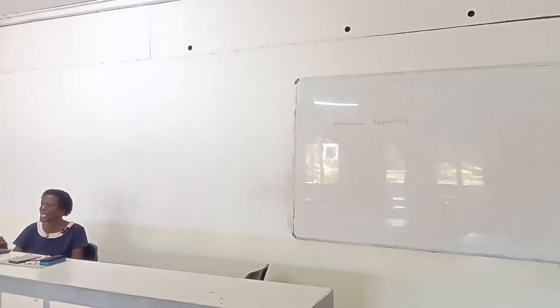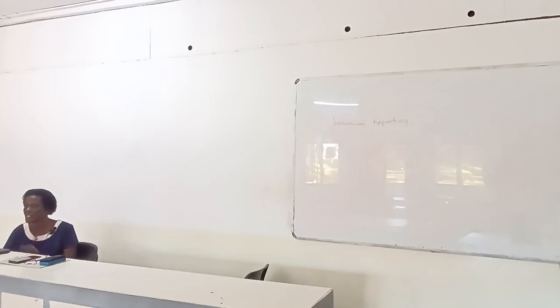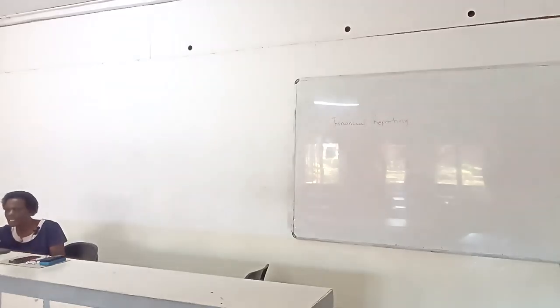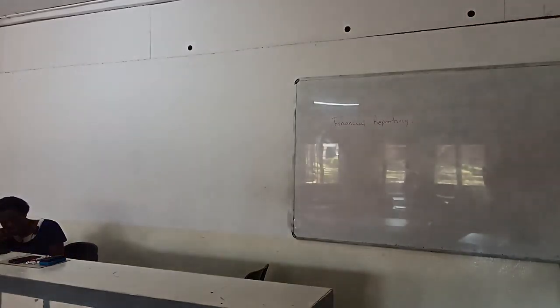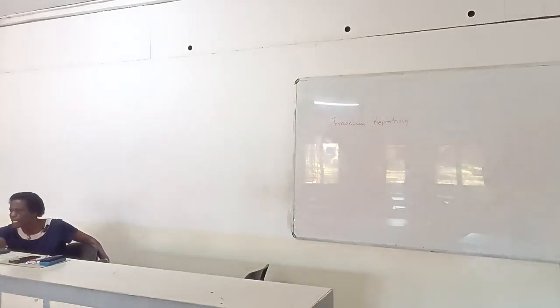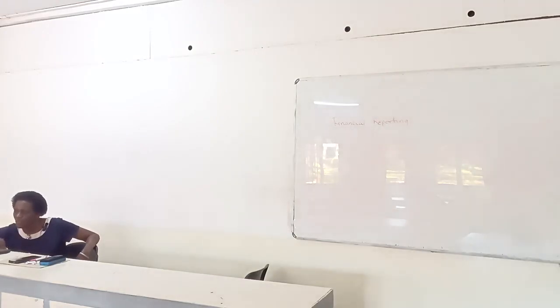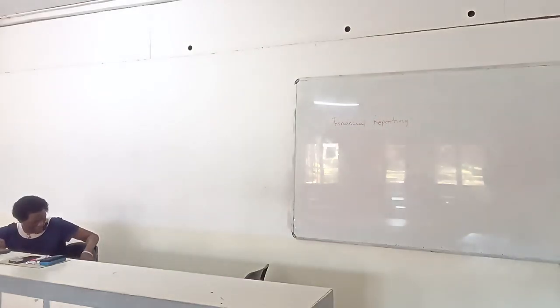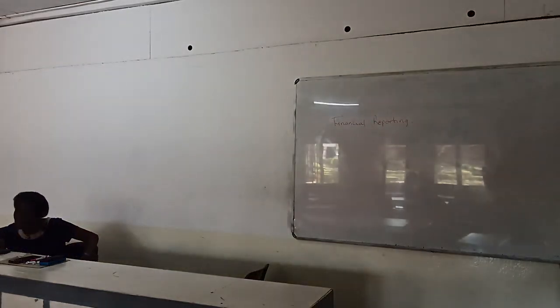Then we go to earnings, portions of earnings, recurring versus non-recurring. This is part of the course outline that we were given, after understanding the earnings that we have just said.